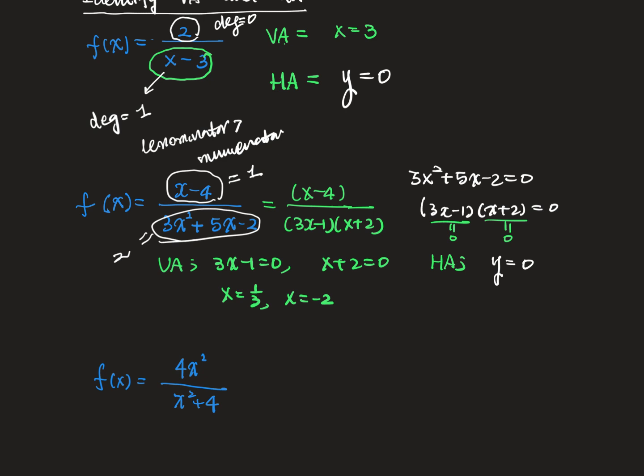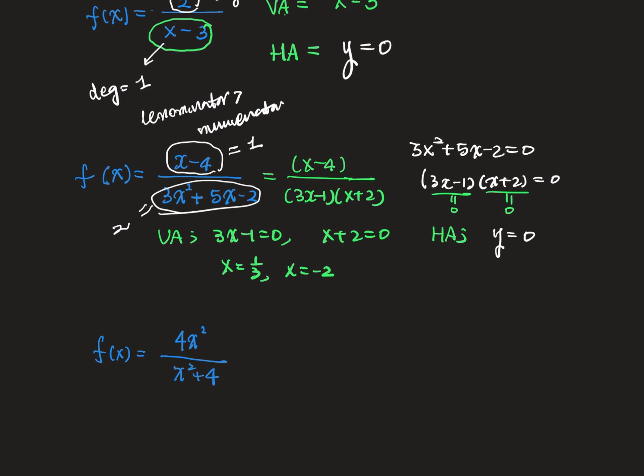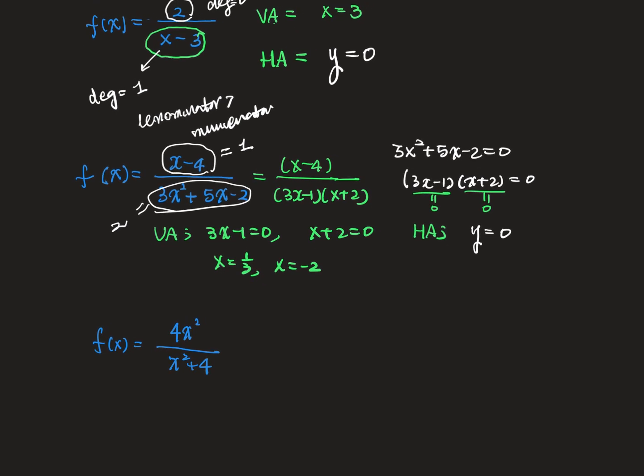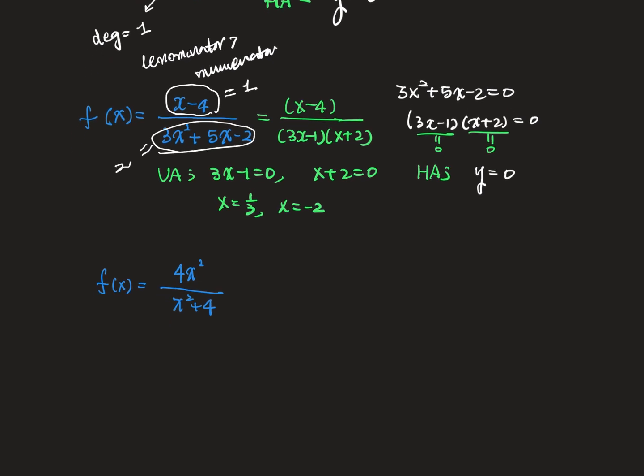Okay, now you may be curious what happens if the degrees are the same or the numerator's degree is bigger. I'll give the next example. This function f of x is 4x squared over x squared plus 4. For the vertical asymptote, can you find where the denominator is 0? x squared plus 4 equals 0. Can you find it? No. You can't find any x value, so no vertical asymptote.